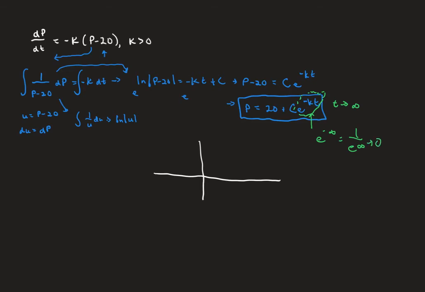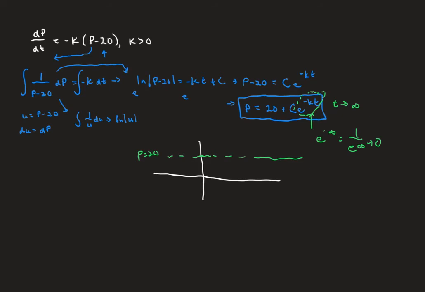So as t gets very, very large in this population model, this c e to the negative kt is going to go to 0, and so we're going to get this horizontal asymptote at p equals 20. That means in the long term, the population is going to approach 20, whatever 20 represents.